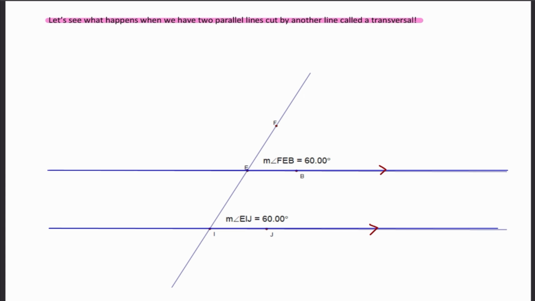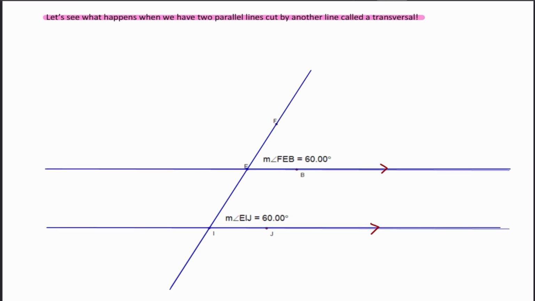Then I'm going to introduce you to the line that cuts, aka the transversal. This line here is the transversal, which will cut the parallel lines. So let's make a note here. The line that cuts the parallel lines is what we call the transversal.